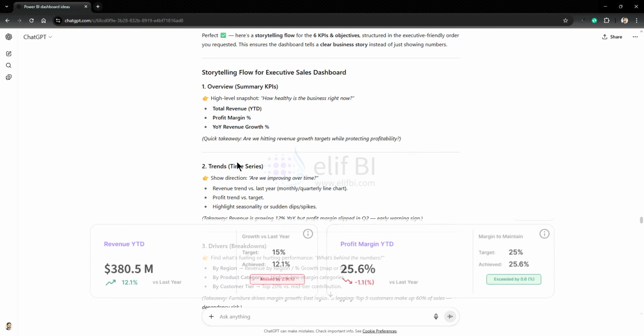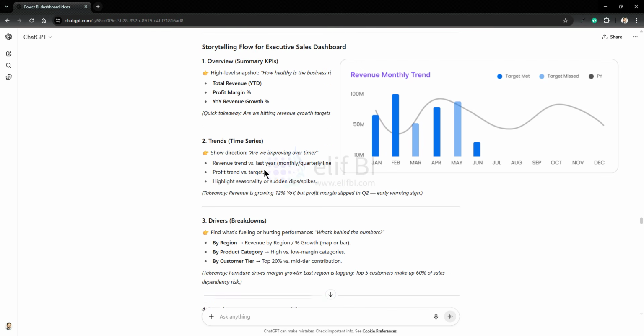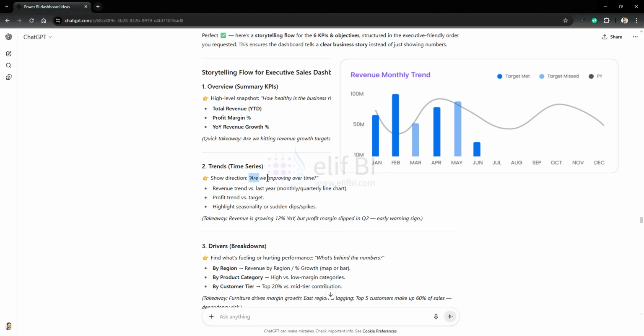And then the second one would be the trends or the time series. Here it would tell us, are we improving over time or not? And it could be revenue trend versus last year, or it could be against the target, like the profit trend versus the target. It also helps us to highlight the seasonality or sudden dips and spikes.